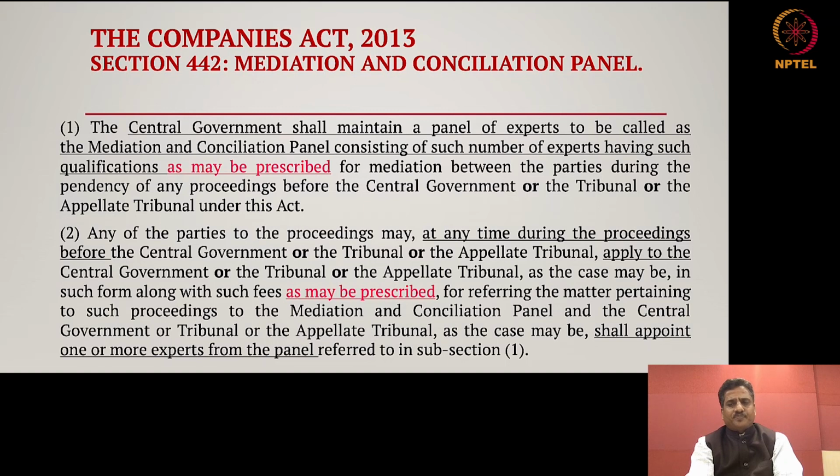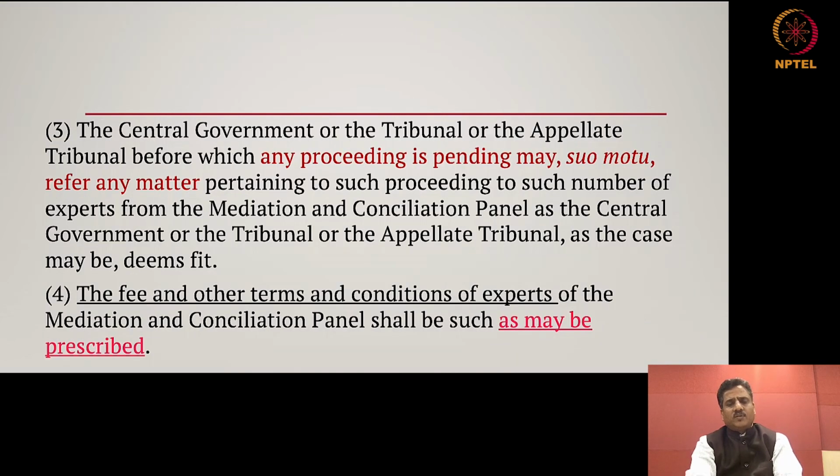Then the concerned authority shall appoint one or more experts from the panel referred to in subsection 1. The central government or tribunal or appellate tribunal, these are the three terms that come up repeatedly in these rules.